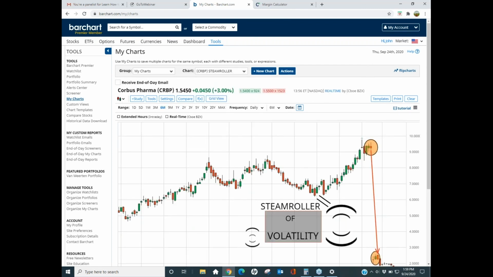This one was the premiums were really, really juicy. Volatility was running around 200%. And the rate of returns were in the 10, 15, 20% as this stock was rallying. The puts were still going up. They were even going up higher.